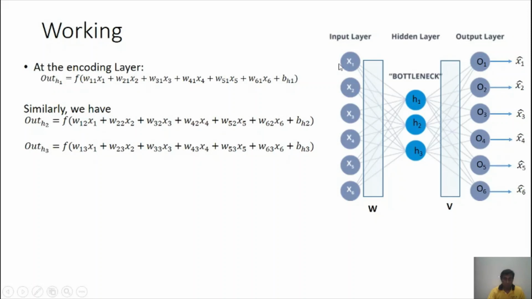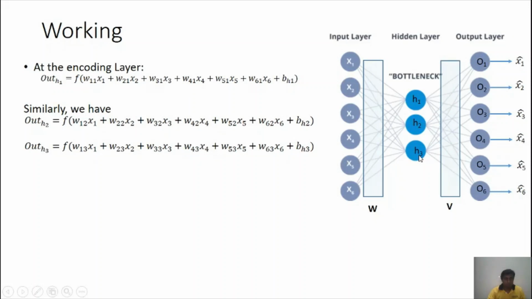You can see W11 is the weight from input neuron 1 to hidden neuron 1. The weight from input neuron 2 to hidden neuron 1 is W21, and so on. And then you have the bias term also. So this is the summation that you have to put in, and f denotes the activation function. This is what we are talking about as the sigmoidal activation function, and the resultant value is out h1. Similarly, you have the other two outputs as well.